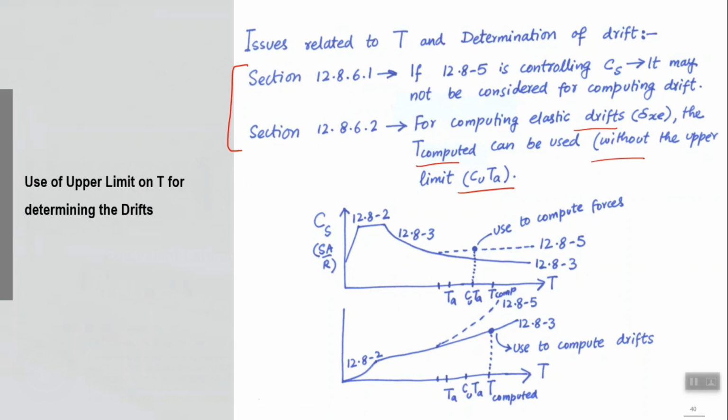Which means two different time periods, one for calculating forces, one for calculating drifts or displacements. So you can make two different load cases within the same model and give two different time period options in those cases. So you can get the force results from one load case and displacement or drift results from another load case within the same model. So there may not be a need for a separate model, as I said in the last session.